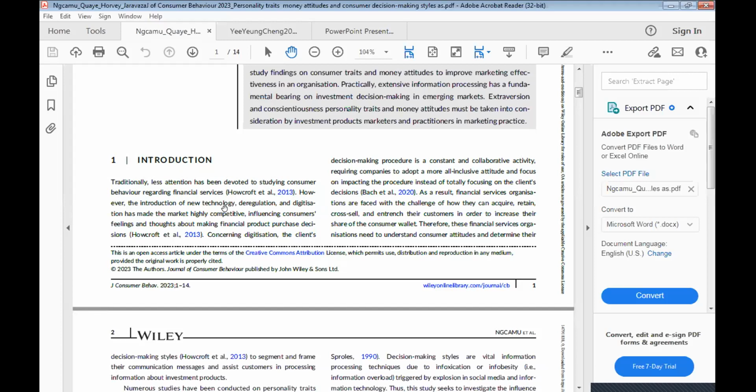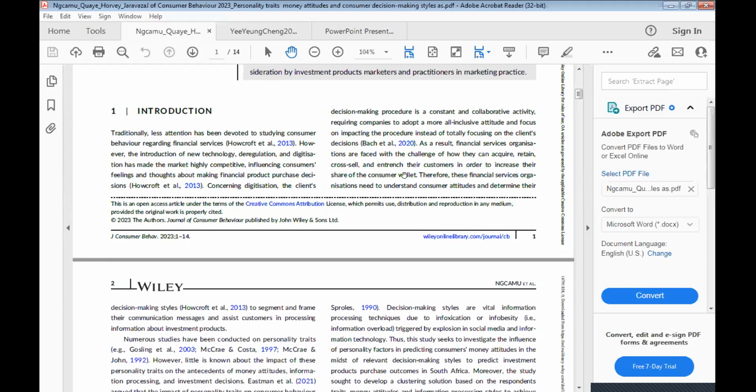However, the introduction of new technology, deregulation, and digitalization has made the market highly competitive, influencing consumers' feelings and thoughts about making financial product purchase decisions. There is a citation concerning digitalization.